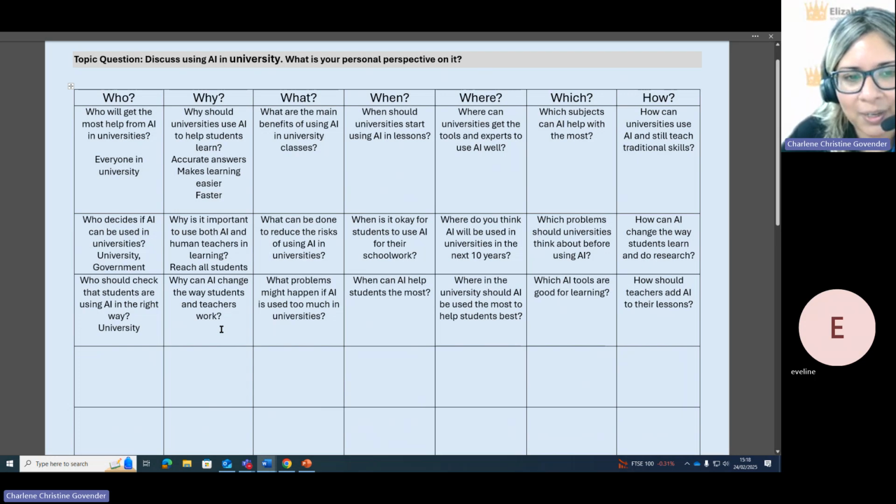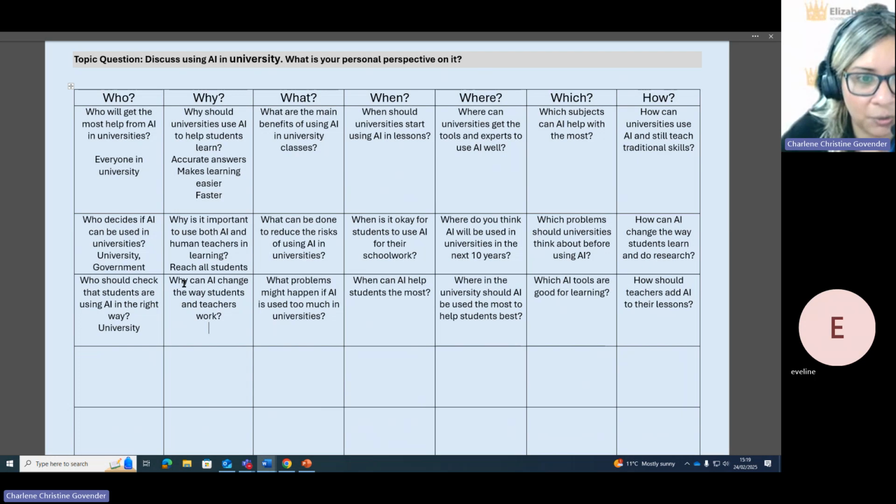Now, the next one is, why can AI change the way students and teachers work? So it's talking about the future, okay? We still are learning about ChatGPT, DeepSeek, how to use AI. AI also can be used to get you a recipe. If you tell it you have certain fruits and vegetables in your cupboard, it will generate a recipe for you.